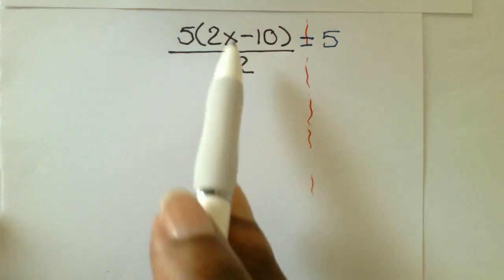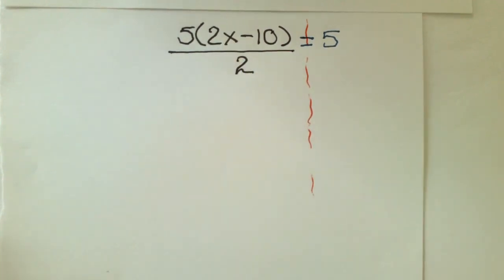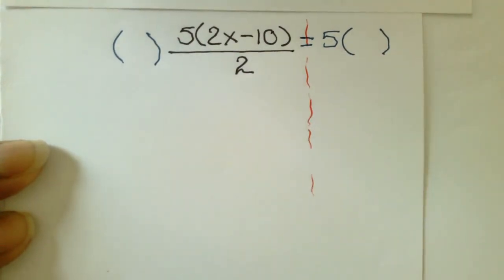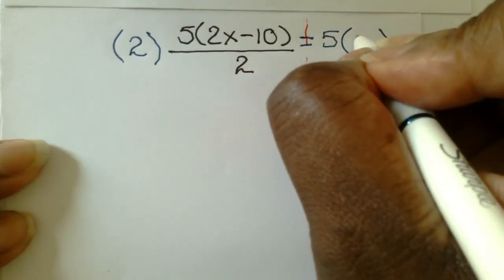Since this is really division, the inverse of division is multiplication. So I want to multiply both sides of the equal sign by whatever my denominator is, which is a 2.